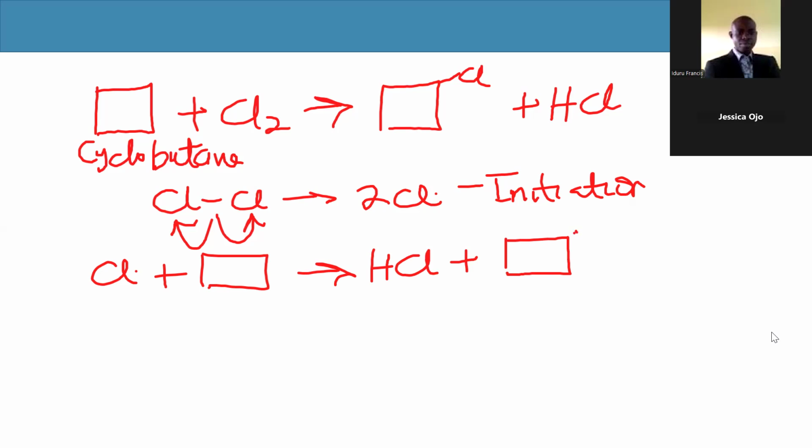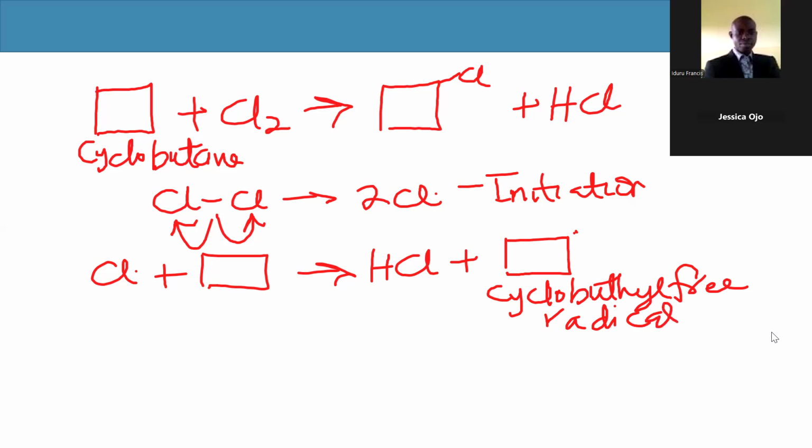So you put a dot there. What will you call this one? What will the name now be? Cyclobutyl free radical. Yeah, cyclobutyl free radical. Okay, free radical. That's good.